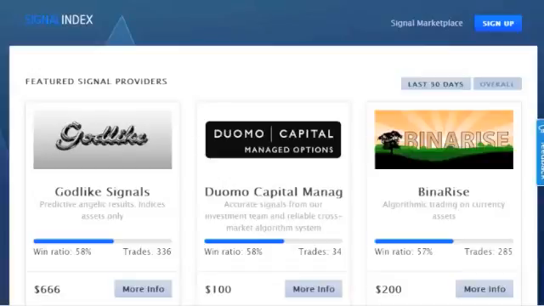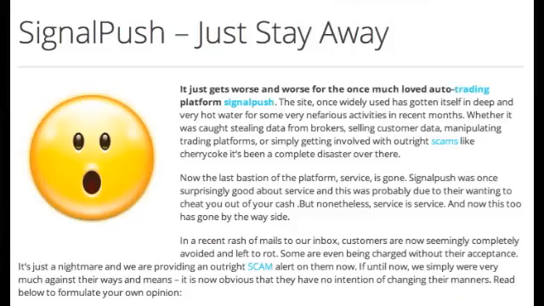I like Signal Index. I know there's a lot of crap that you see thrown about from one to the other about being scams, but I know that Signal Push and Signal Index both, and the brokers they use, are not scams. So you can ignore all that. That's just bad mouthing from one to the other, and it's pointless. A lot of the stuff that you read out there is like tabloid journalism, basically.